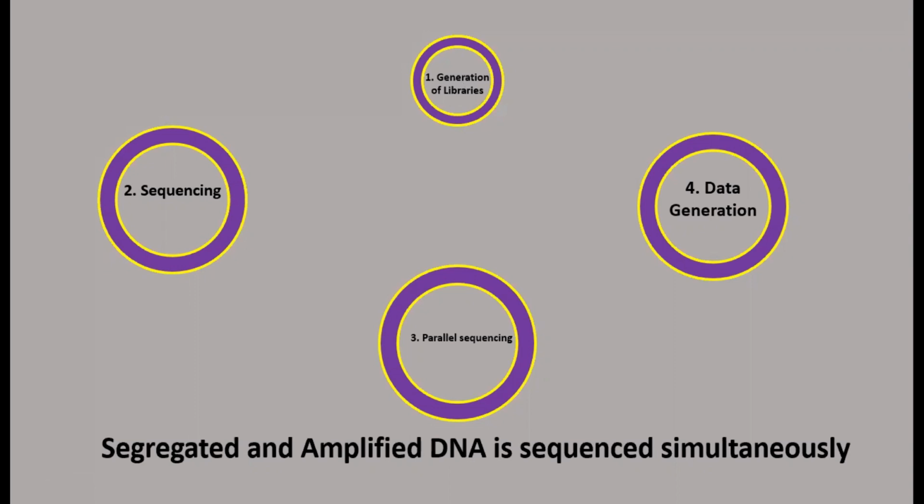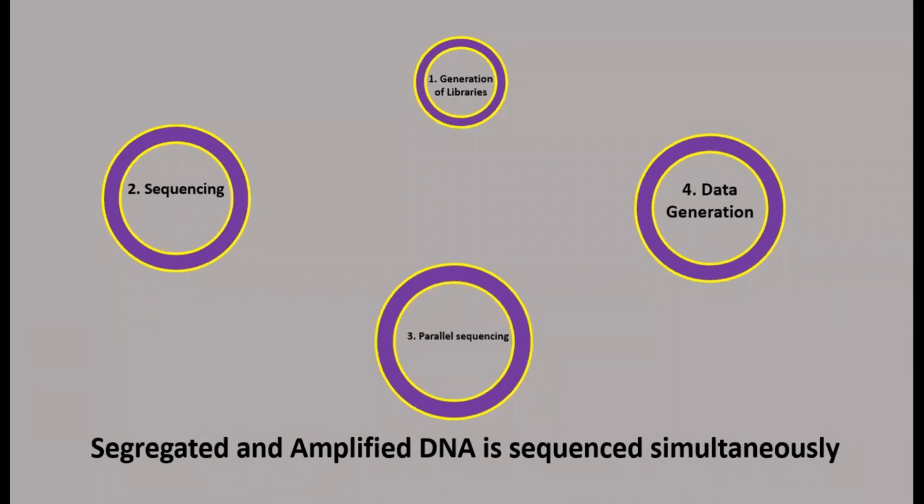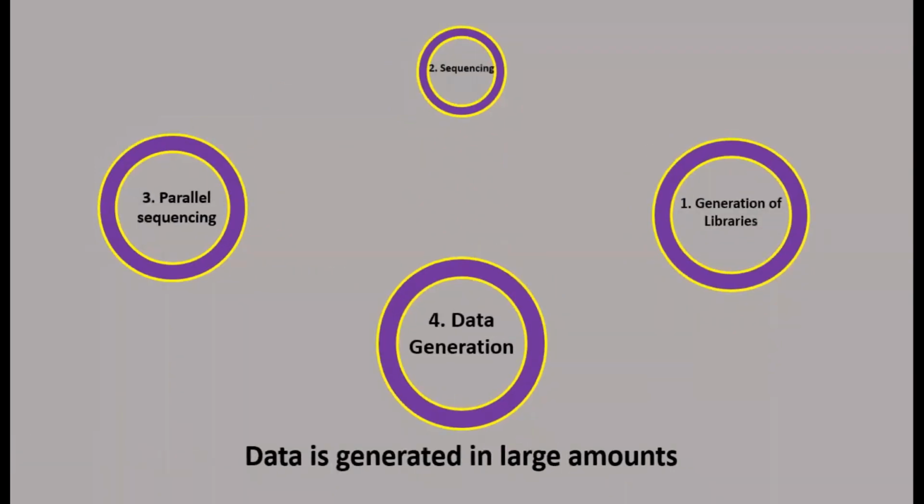So you have created a library, and once you have created a library, you go for sequencing methods, and then you run the parallel sequencing whereby you isolate your DNA of interest and amplify that DNA. And once you are done with the parallel sequencing, you go for data generation, and it takes a huge amount of time to generate the data, because the data that you get after parallel sequencing is somewhere around 7 GBs or 10 GBs, depending upon the complexity of your DNA sequence.